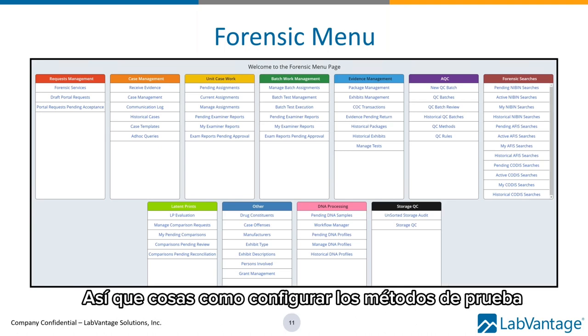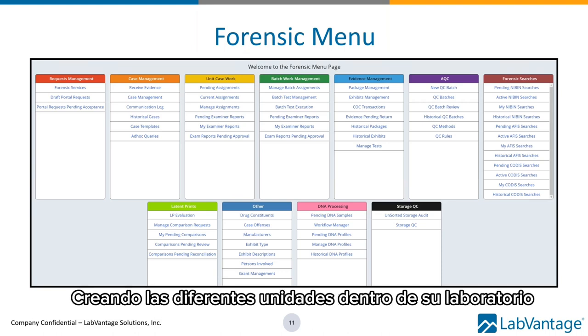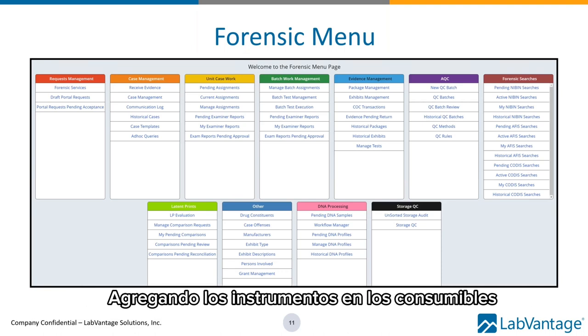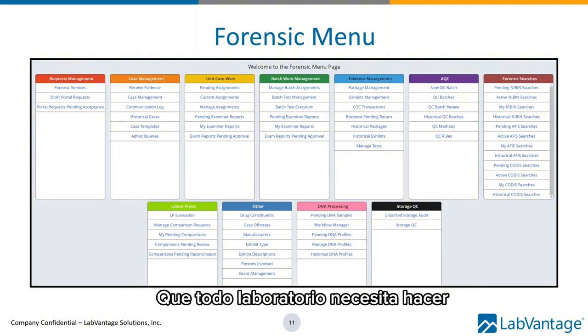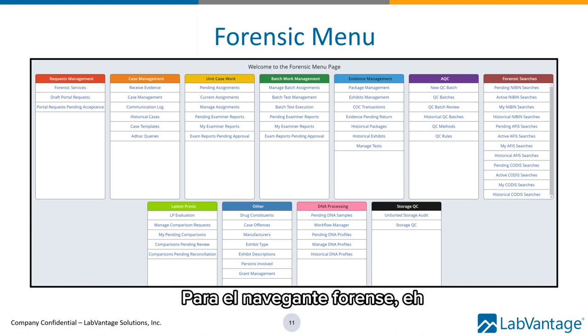So things like setting up the test methods, creating the users, creating the different units within your laboratory, adding the instruments and the consumables and all of that sort of stuff that every laboratory needs to do, that would be under a different menu. So what you're seeing here is just the specific functionality for the Forensic Navigator.